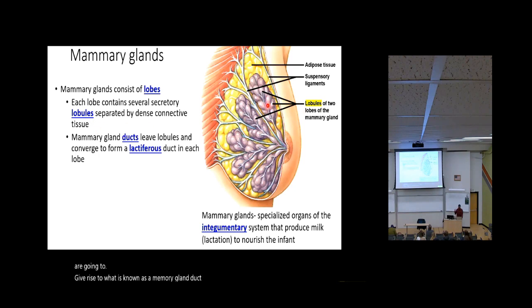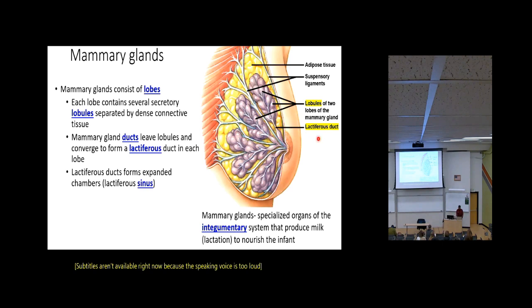The mammary gland duct isn't marked on this picture, but it will be here, and all of these mammary gland ducts will join together to form a lactiferous duct. So there are multiple lactiferous ducts shown here, and all of these lactiferous ducts, they will give rise to a lactiferous sinus, and this lactiferous sinus will join to lead to the opening of the mammary gland, which is found under the nipple.